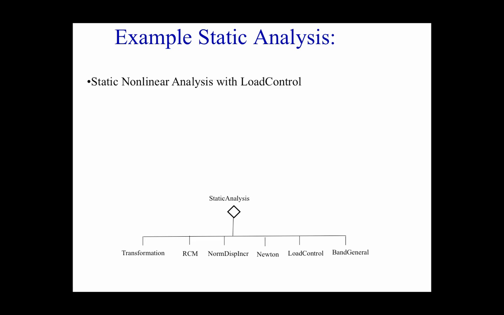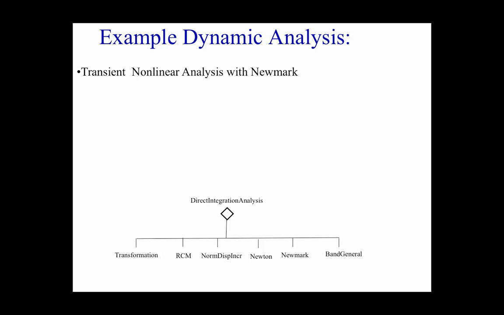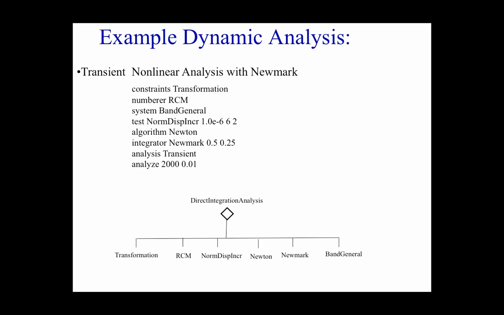That's internally what's happened when we've issued all these commands. Same thing with the dynamic analysis. You saw that again this morning. Internally, that's what happened. And we've pretty much gone through what all these different commands meant.